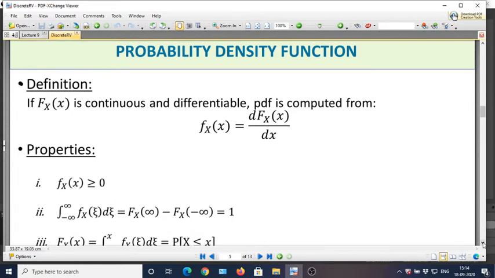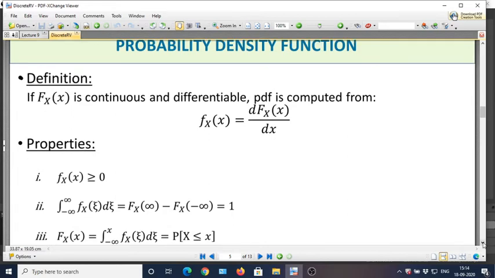Going beyond, suppose the probability distribution function, the CDF, is continuous and differentiable. Then we can define another function, which we call the probability density function, as follows. Again, for the probability density function, we use the small f as the symbolic notation.